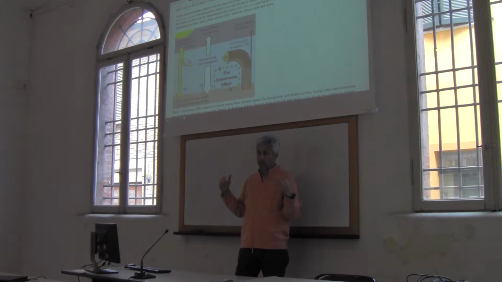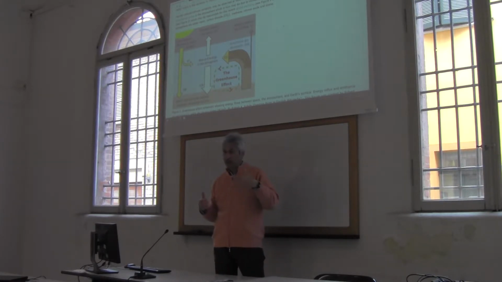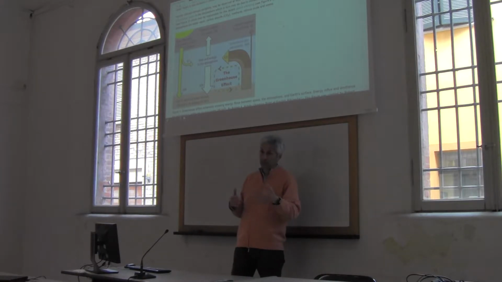This layer allows the solar radiation to come in and pass through it, but on the other hand, this layer blocks the return flow of heat from the earth. And that's like a greenhouse.